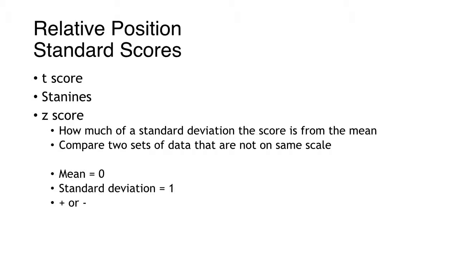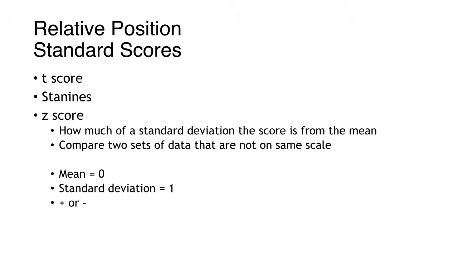When you look at studies, you will also see some other ways of lining scores up and looking at them in a standard way. You'll see T-scores, stanines, and Z-scores. And I'm going to focus on Z-scores because that's probably the most common and useful.